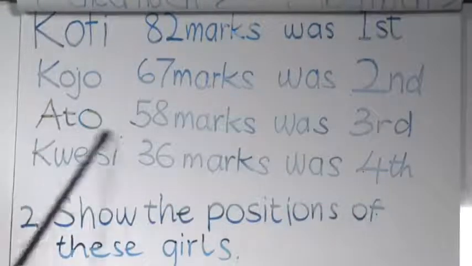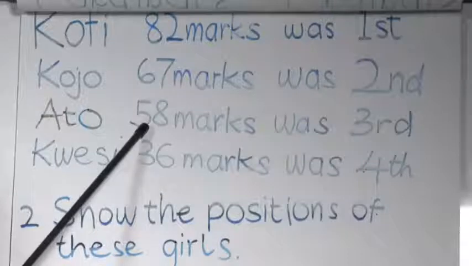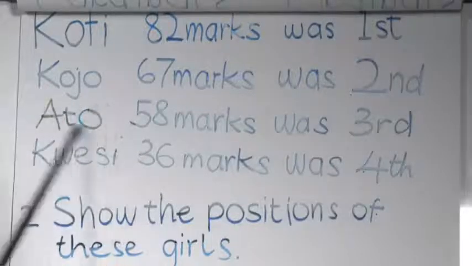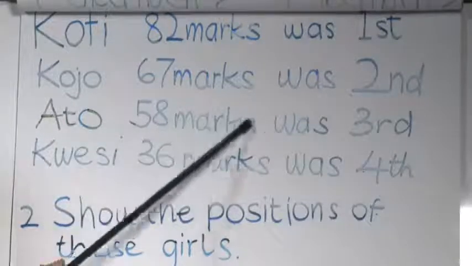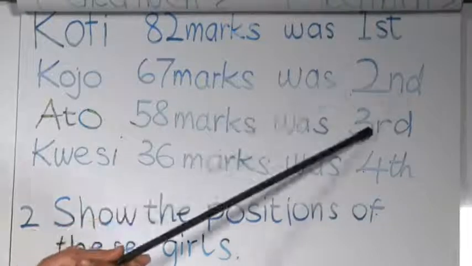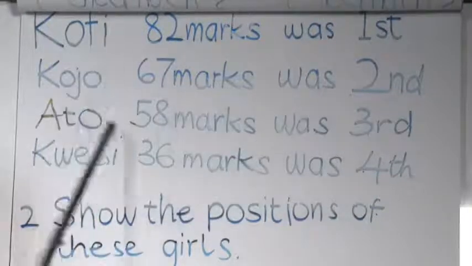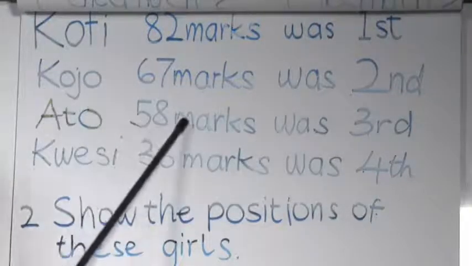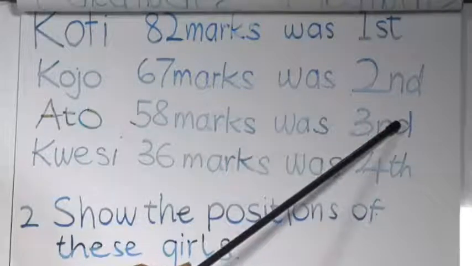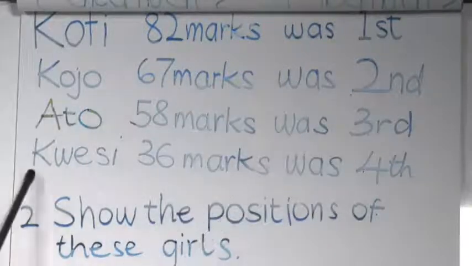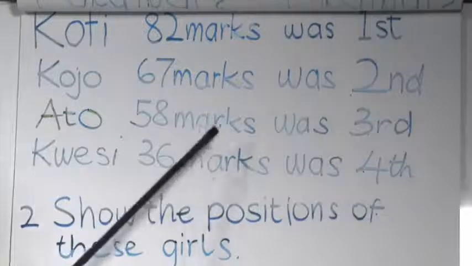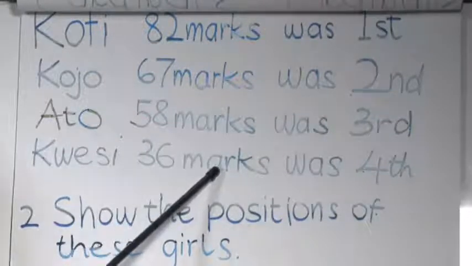Ato had 58 marks, so he was third. And Kwesi had 36 marks. That is the lowest.